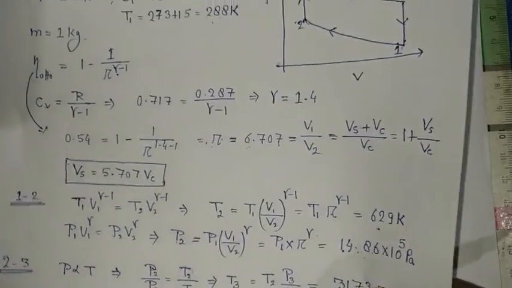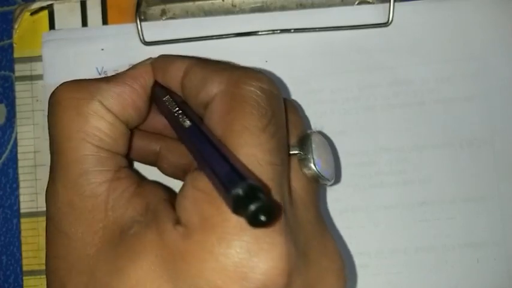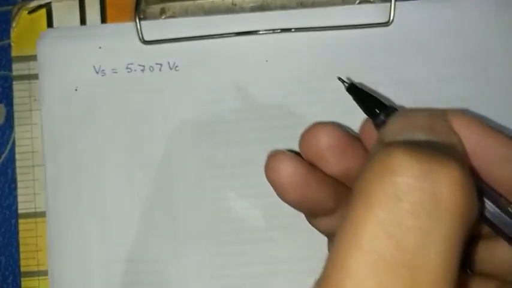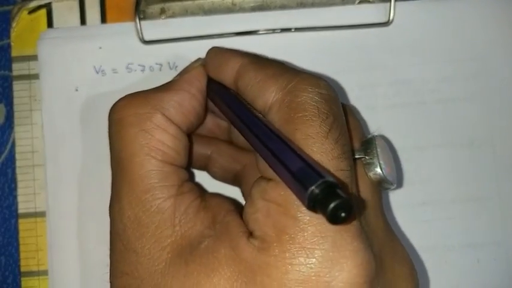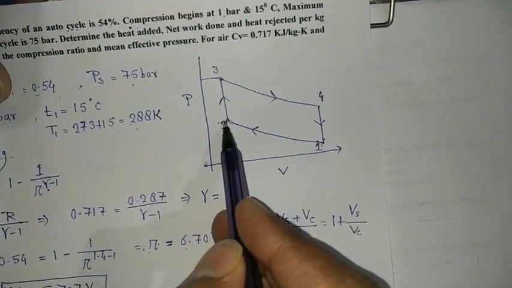And we have already established one relationship. Vs is equal to 5.707 Vc. Okay, we know that V2 is equal to Vc.